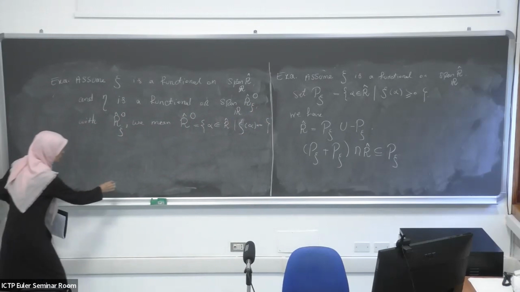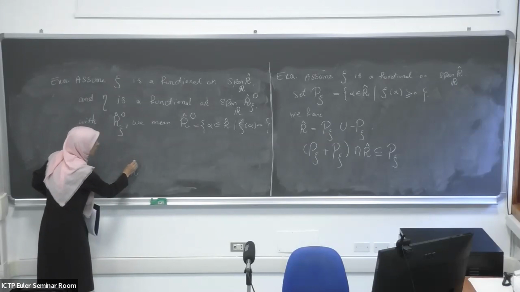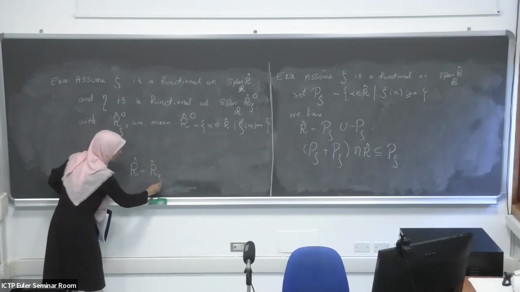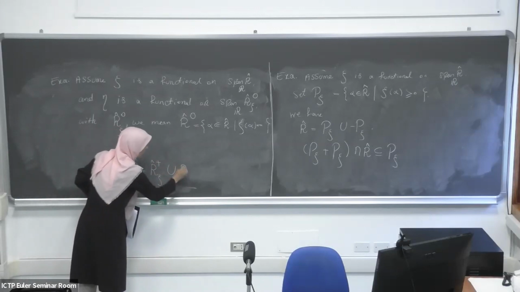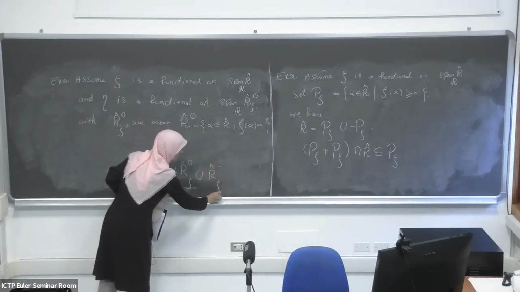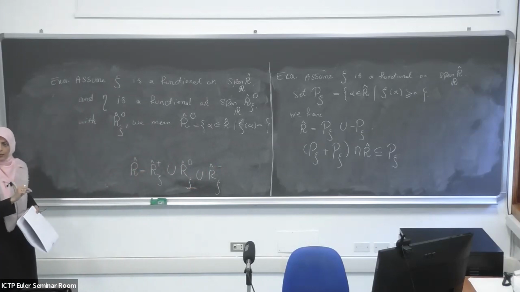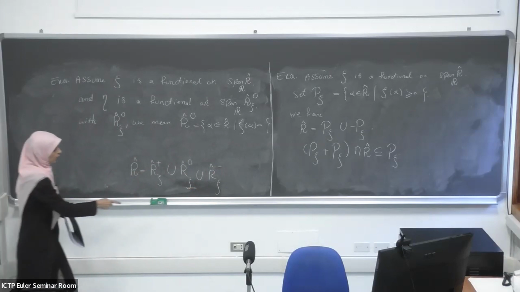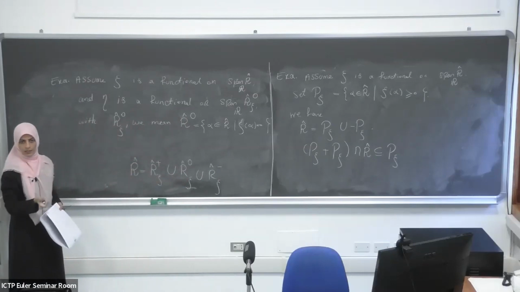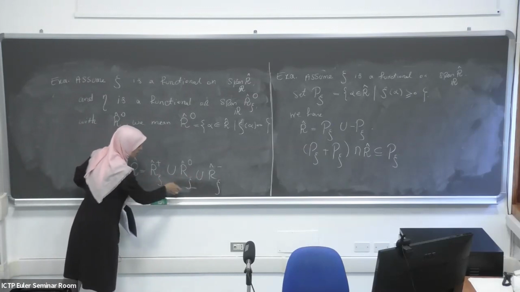Okay, look at the shape. R hat can be decomposed in this way: R hat plus, R hat null, and R hat minus. With R hat plus, I mean all elements for which zeta alpha is positive. This part is where zeta alpha is negative, and this part is where zeta alpha equals 0. So we have this decomposition, right?